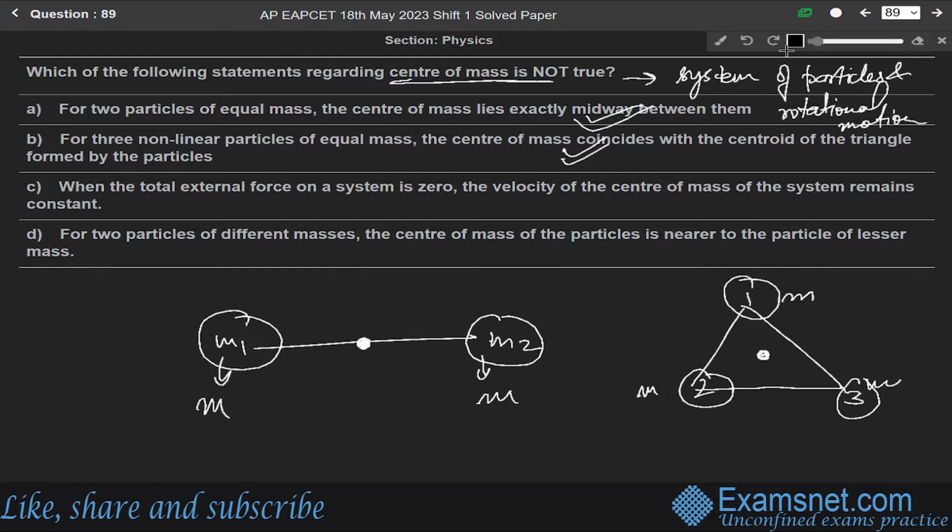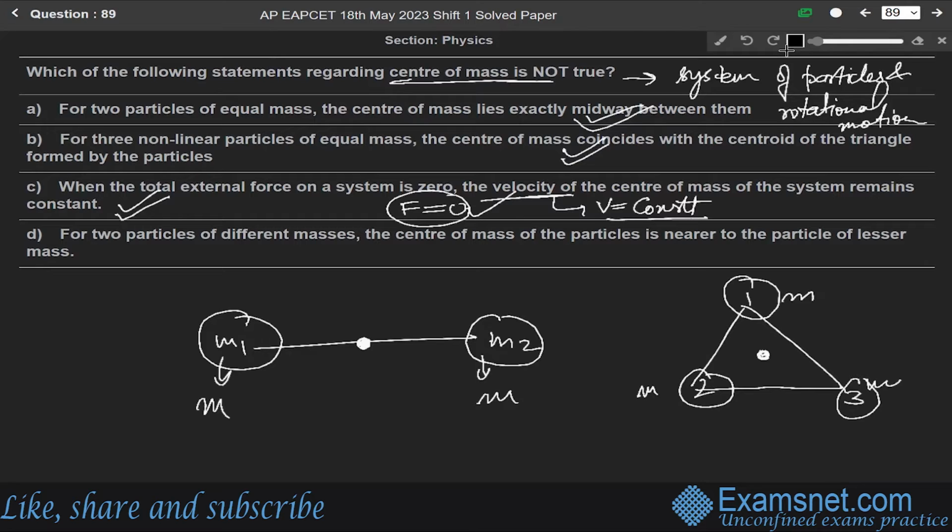Third statement: when the total external force on the system is zero, the velocity of the center of mass of the system remains constant. This is also true. Whenever the force becomes zero, the velocity will always remain constant.